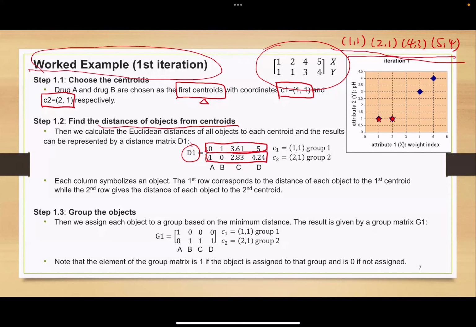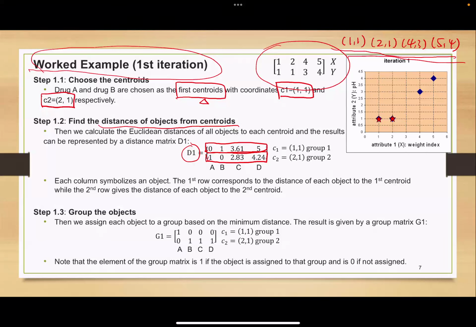We have two centroids, so we should have two groups of distance. And each group of distance will have 4 elements inside because we have 4 data points in total. And we need to calculate the distance for each data point to each centroid.